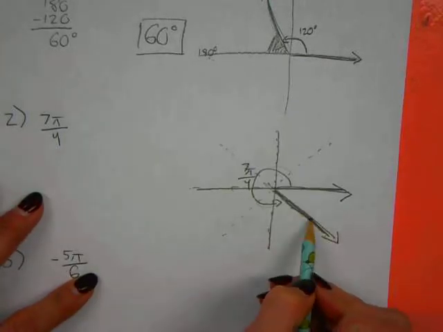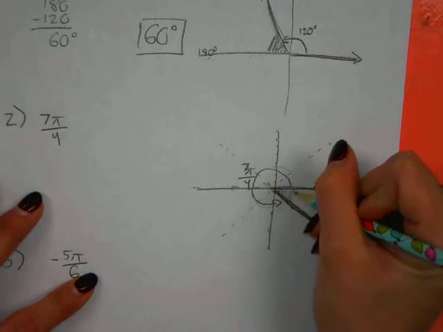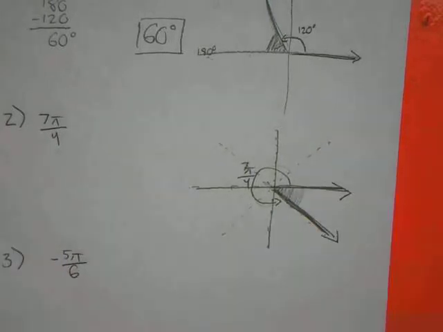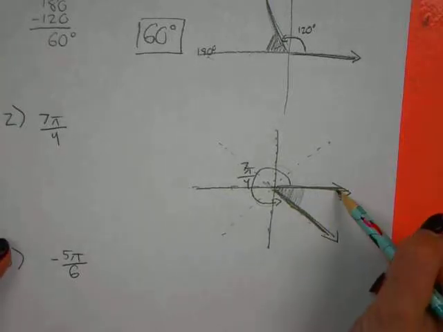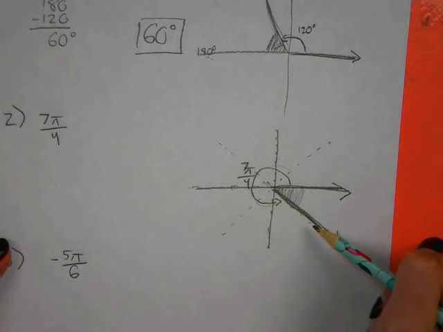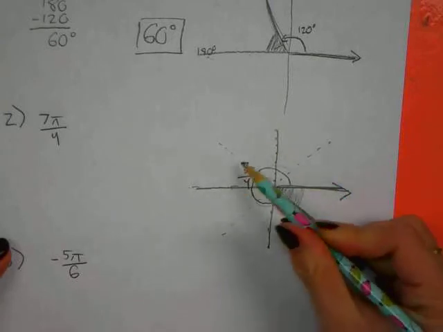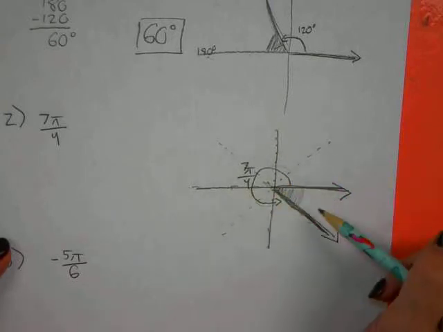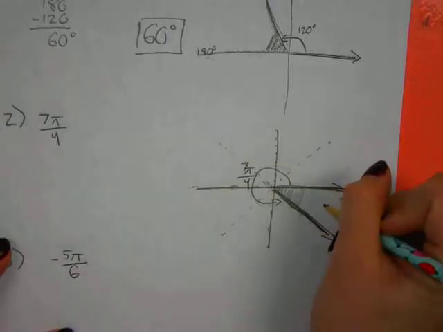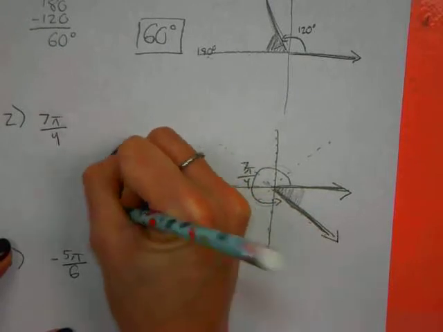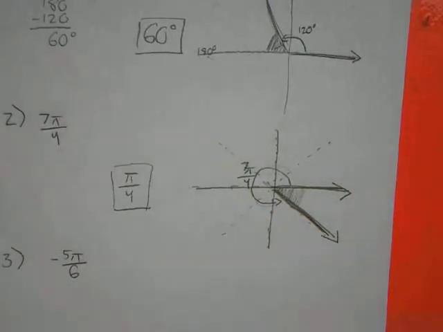This time, the acute angle between the terminal side and my x-axis is this angle right here. I want to figure out how many radians between this x-axis and this terminal side. If you look at my picture, all these little pieces are the size of pi over 4. So this piece right here would be pi over 4, or pi over 4 would be my reference angle.